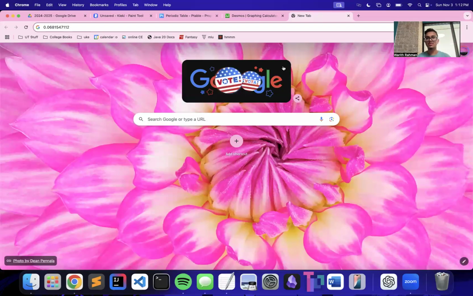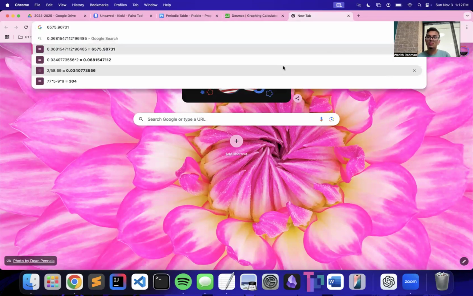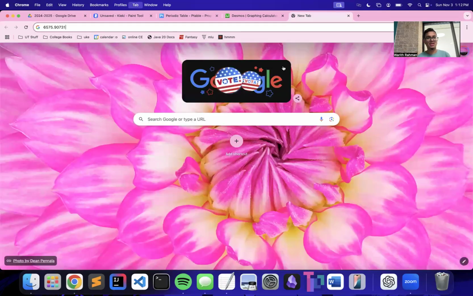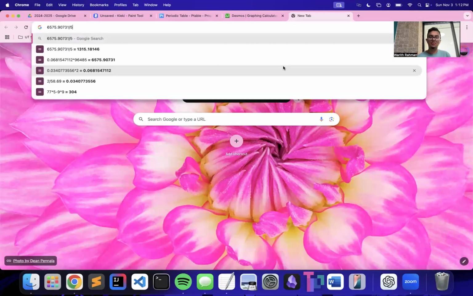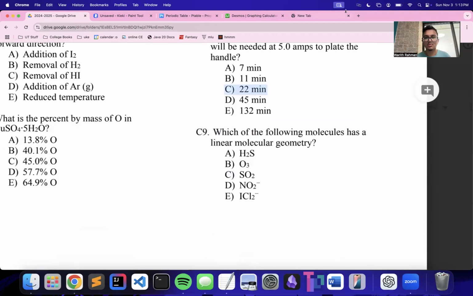So if we have this many moles of electrons, multiplying gives how many coulombs we need. And if we have a 5 ampere current, meaning 5 coulombs per second, dividing by 5 gives us the number of seconds. And then we have 22 minutes as our answer. 8 is C.